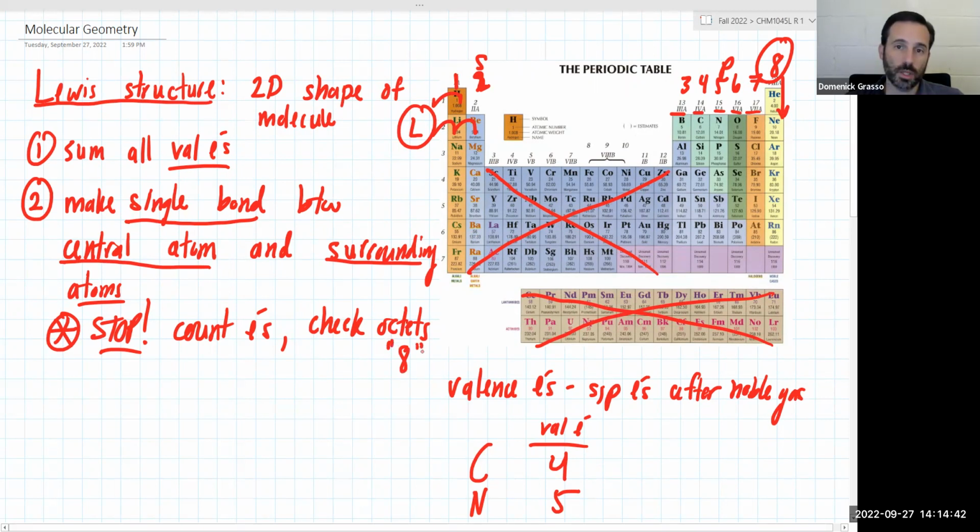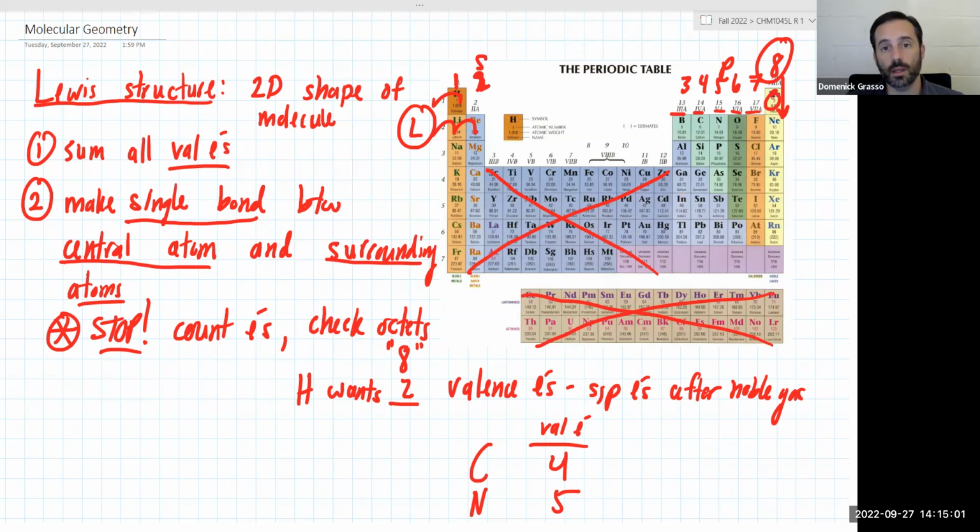There's one exception to that: hydrogen only wants 2 electrons, because helium only has 2. So when we're checking octets, we need to make sure that we're distributing all of our electrons and that the atoms or molecules we've got also see 8 electrons. All those atoms see 8 electrons, except for hydrogen, and hydrogen's happy with 2.